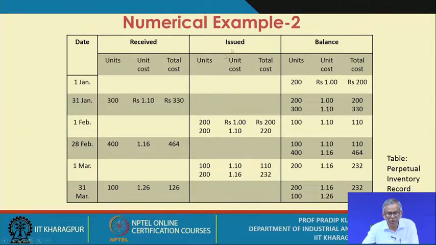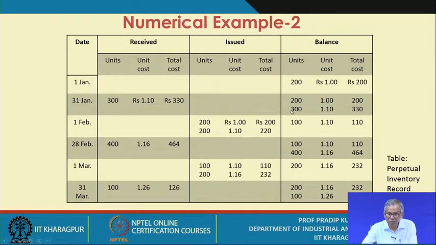On 1st February there is an issued amount of 200 units. Okay. So, the 200 units are issued with a price of 1, that is the oldest price. So, the 200 units with a price of 1, and the 200 units with a price of 1.1. Okay. So, that means 220.